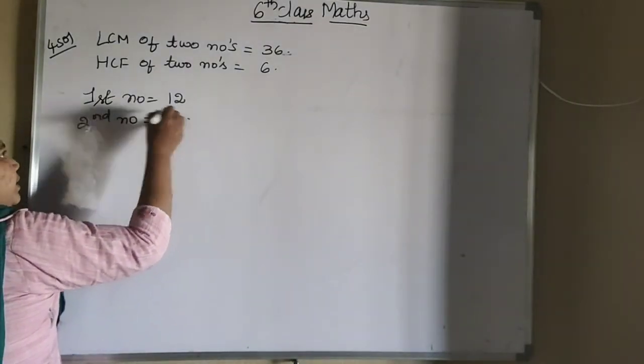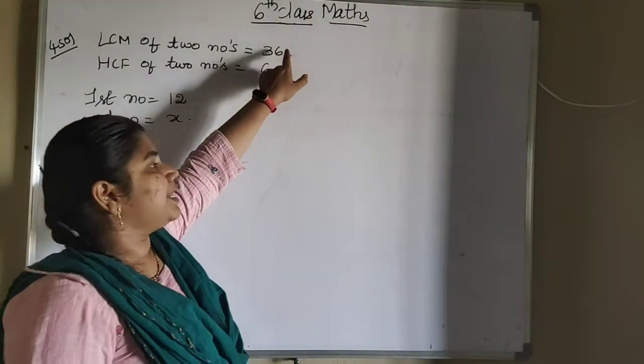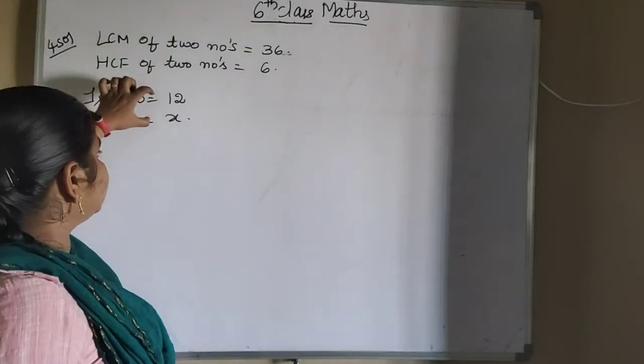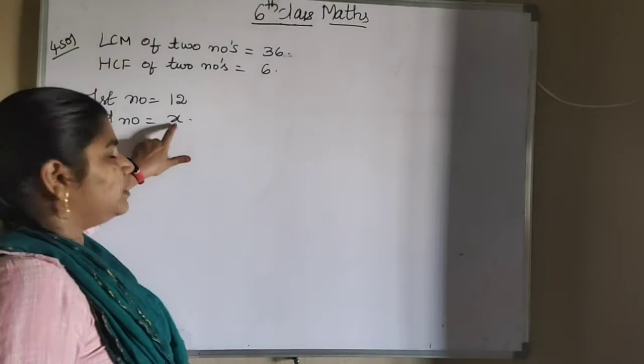That one I am taking as X. So the LCM of these two numbers is 36 and the HCF of these two numbers is 6. Now we have to find this X value.